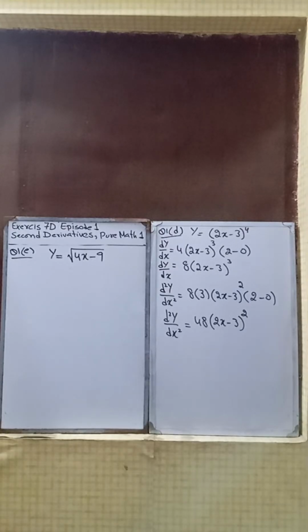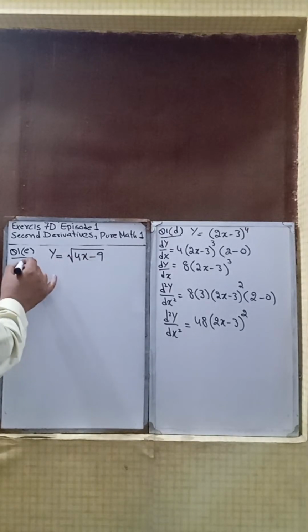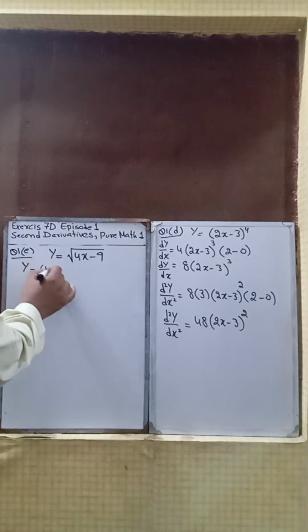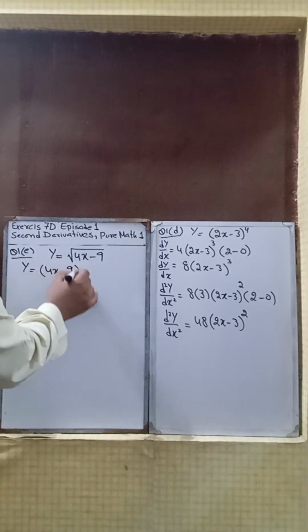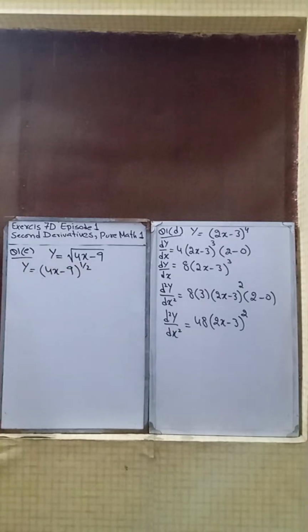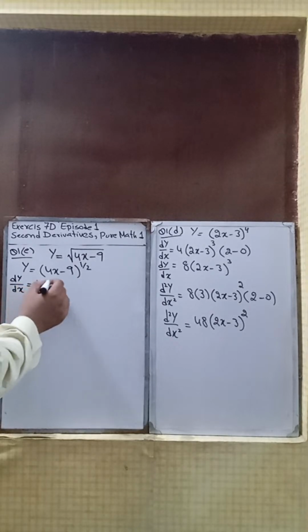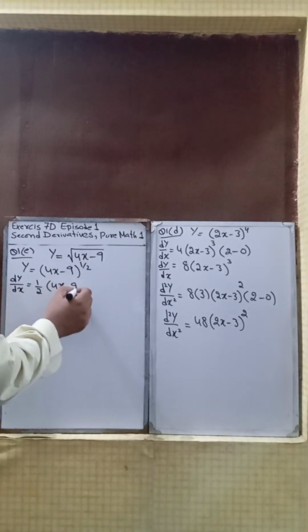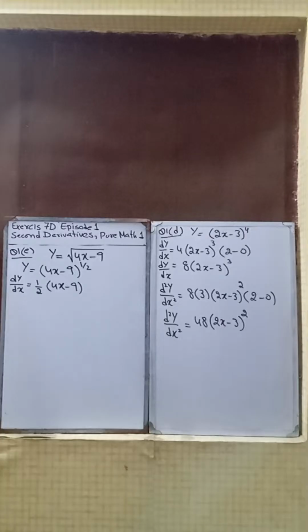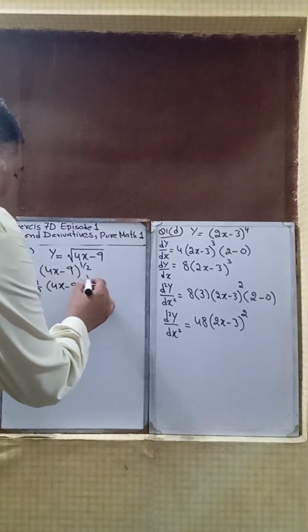The square root means raised to power 1 by 2. Then I will differentiate it. dy by dx: the power will come on the side, and the power decreases by 1, 1 by 2 minus 1, that will be minus 1 by 2.